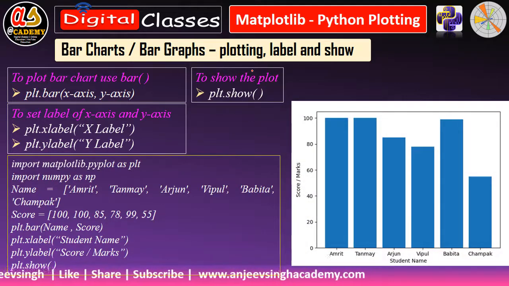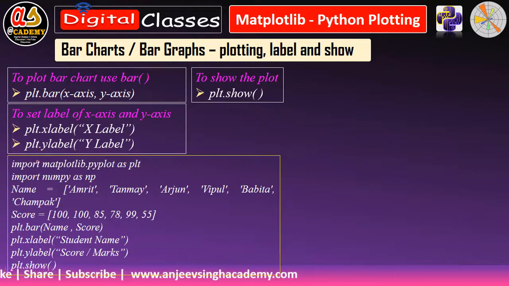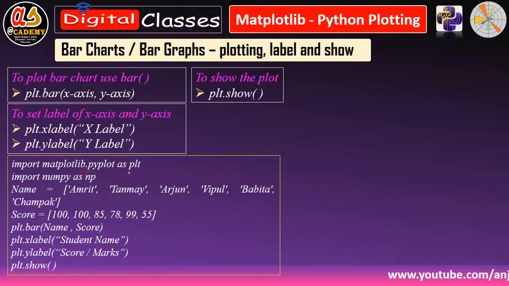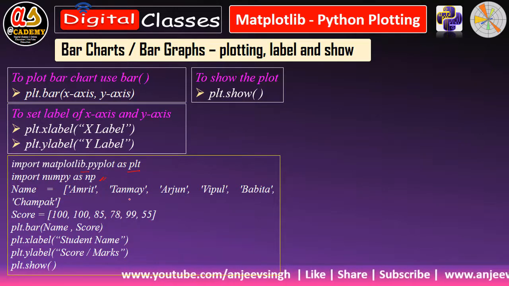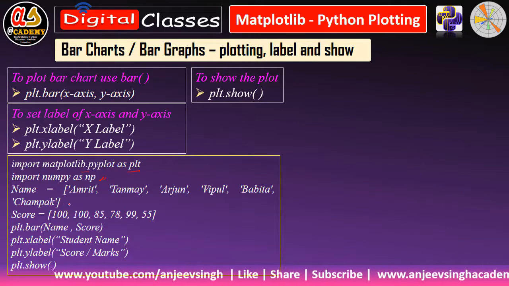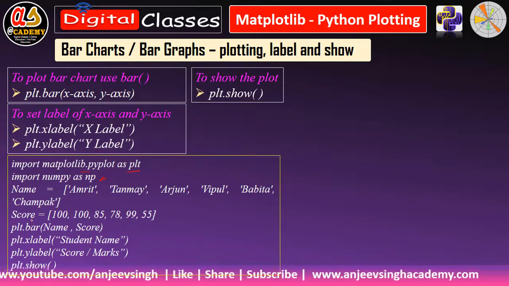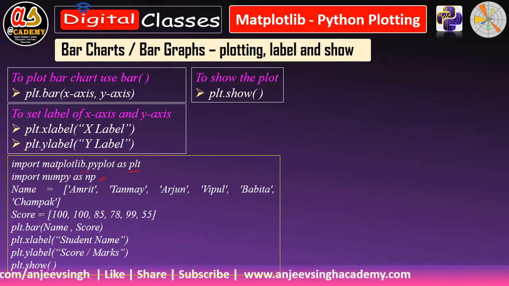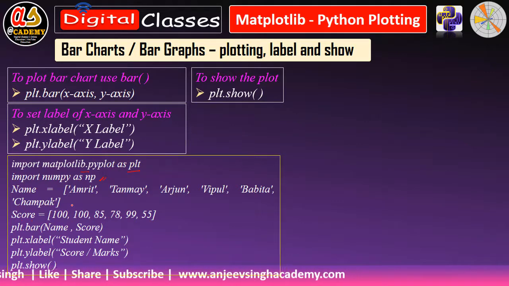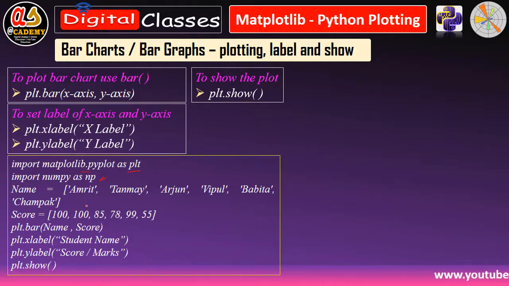Let me explain the code to you. So this is the code. What I'm doing here is importing pyplot with the alias plt, and I'm also importing numpy here. I have written some names here and mentioned the score, meaning I'm going to create a bar graph which will compare the score of each student.